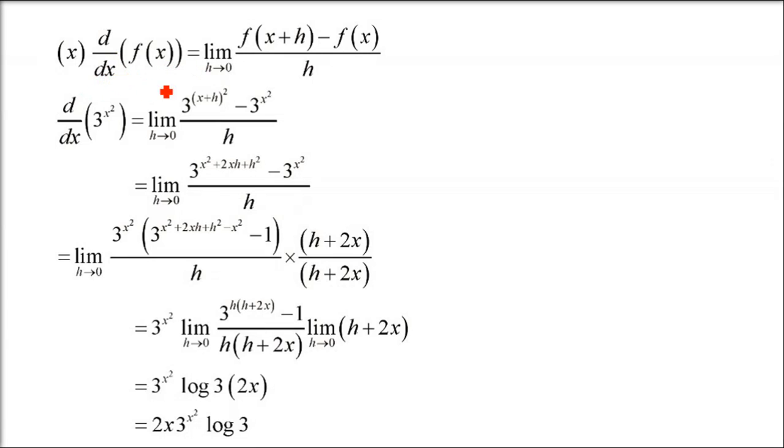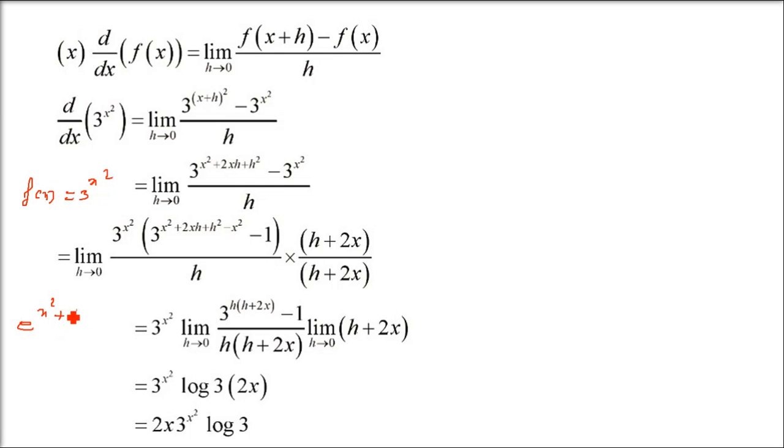Now we have f(x) as 3 raised to x square. If you remember, we have already done a question like this, e raised to x square plus 1, the 6th question, the first question we started just now. So same thing we are going to do.